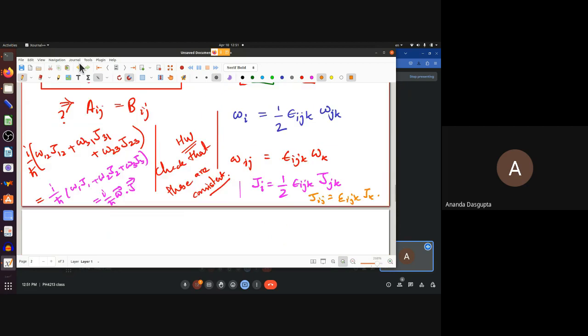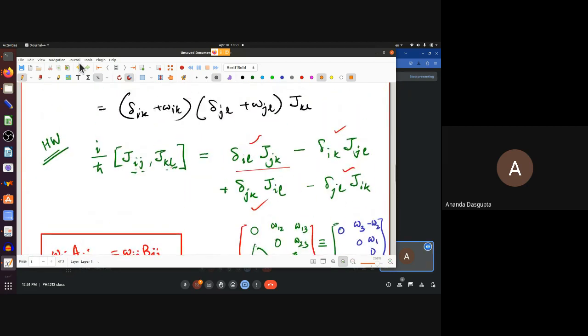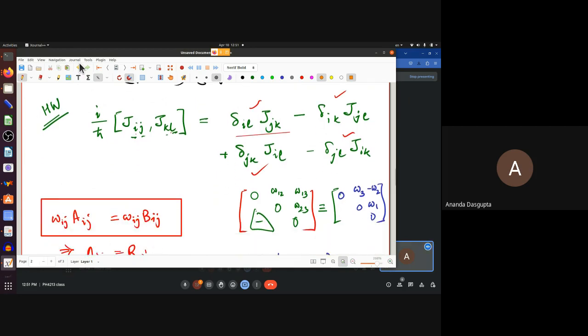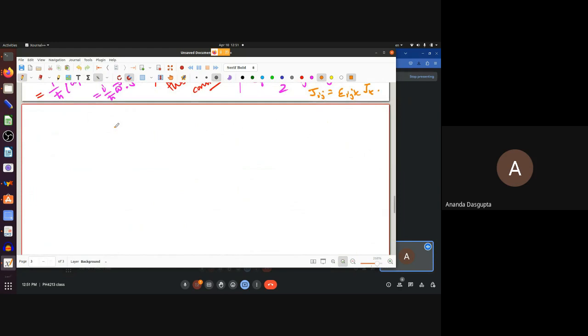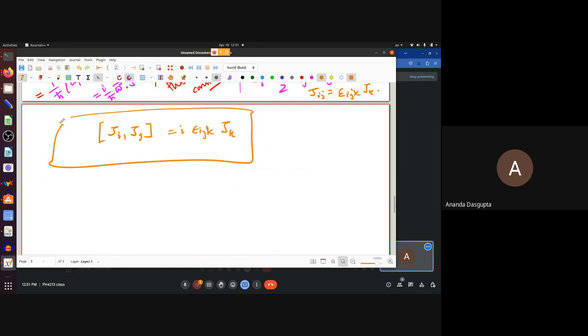After this, you should be able to either use the properties of the epsilon symbol, it's pretty easy to do, or just write it down case by case and show that the commutation relations we have obtained are exactly these. Okay? Is that clear?